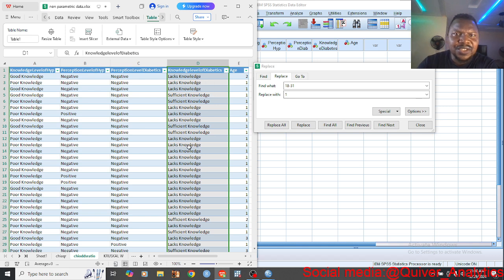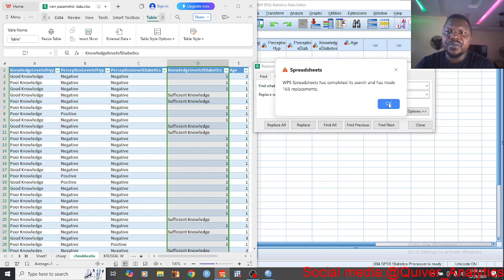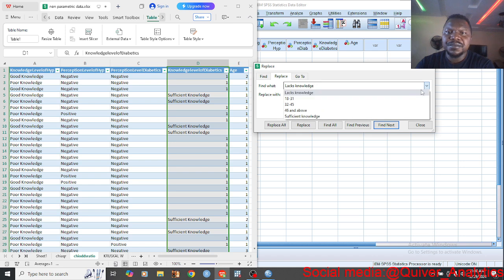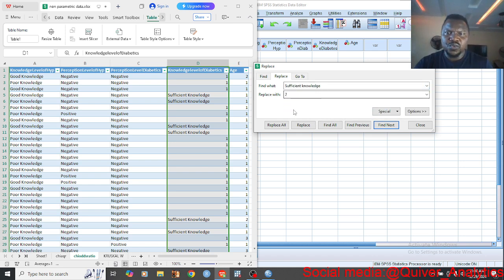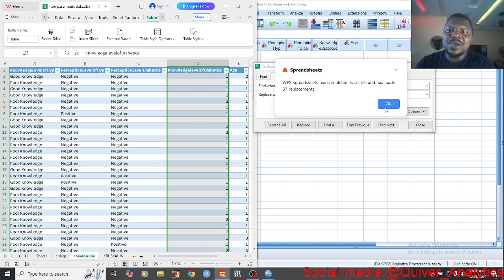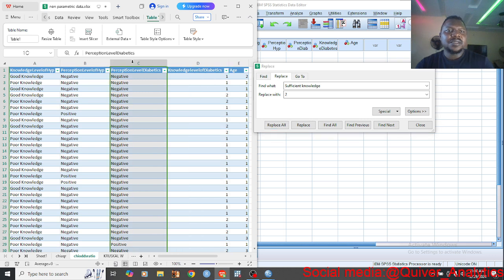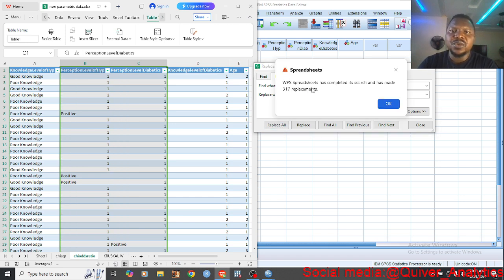For knowledge, lacks knowledge and sufficient knowledge, lacks knowledge is 1, replace all. Then sufficient knowledge was coded with 2 in SPSS, so we are replacing it here. And for both perceptions, negative was 1, replace all.